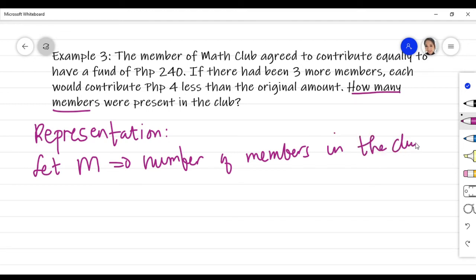Among these M members, they have to divide equally the amount of 240 pesos among them. So that is 240 divided by M. So this is the amount they have to contribute.